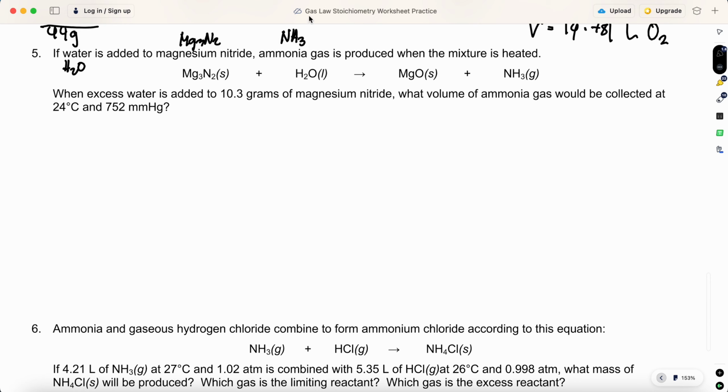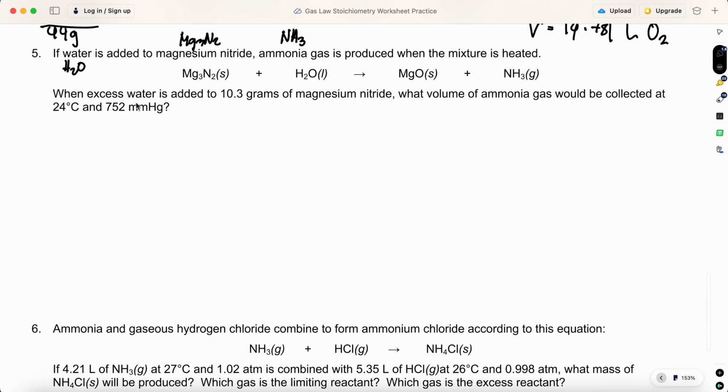Ammonium is NH4, but ammonia is NH3. And we have magnesium oxide here. So when excess water is added to 10.3 grams of magnesium nitride, what volume of ammonia gas would be collected at 24 degrees Celsius and 752 mmHg?